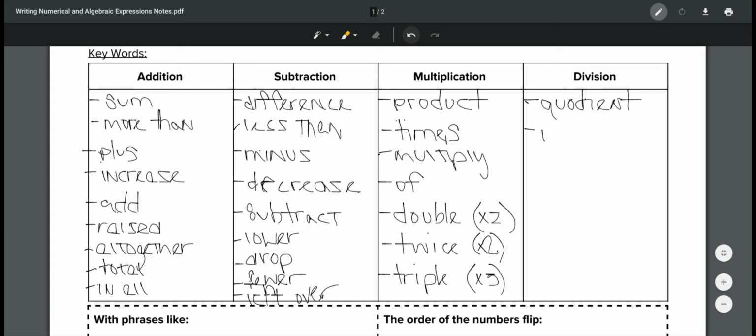Next one, we have a couple small words in a row here. We have per. How much per day tells you to divide. Each. How much each month. Every. Per, each, and every are really, really common words that tell us we're going to divide. Next one, divided into or divided by, any version of the word divide.